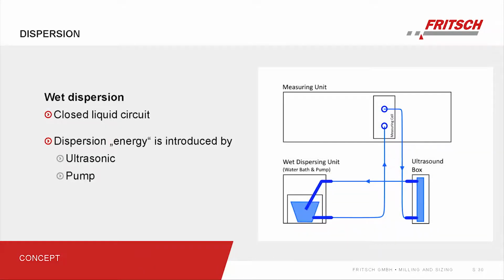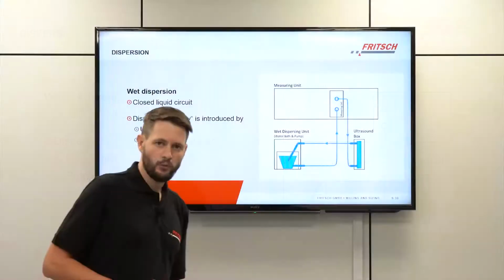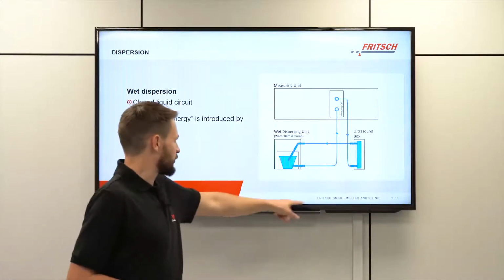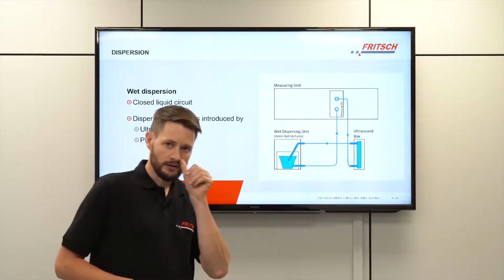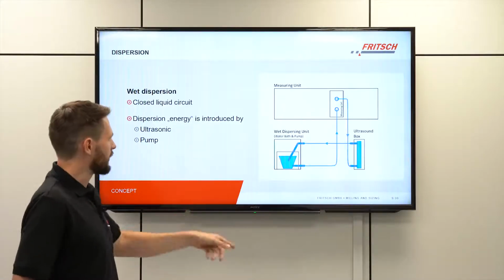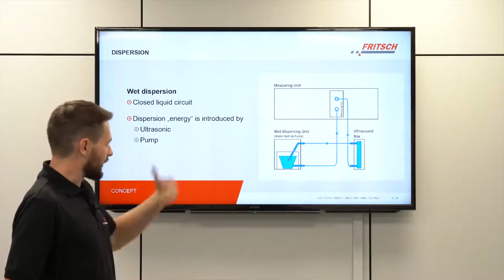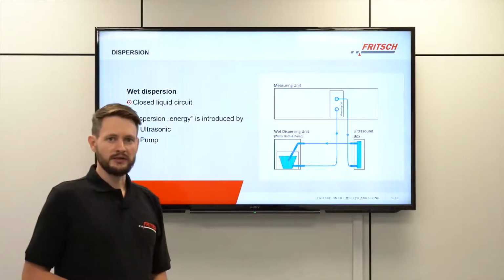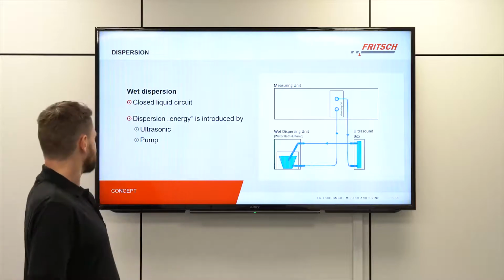First of all, we have a look at the wet dispersion, and we have already seen this picture before. With the wet dispersion, we basically have a closed liquid circuit where our dispersion with our sample material is flowing, again and again passing the measuring cell in order to be measured by our laser.